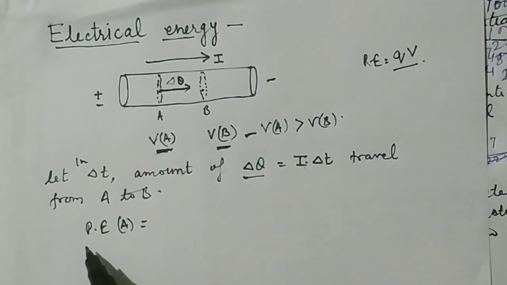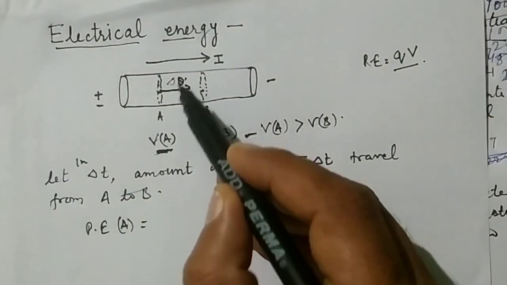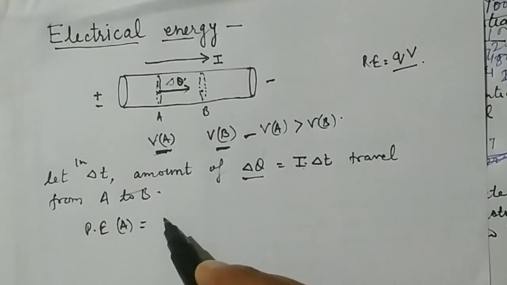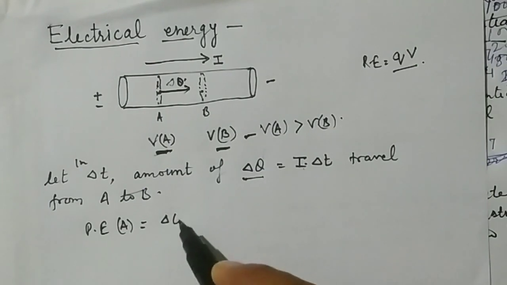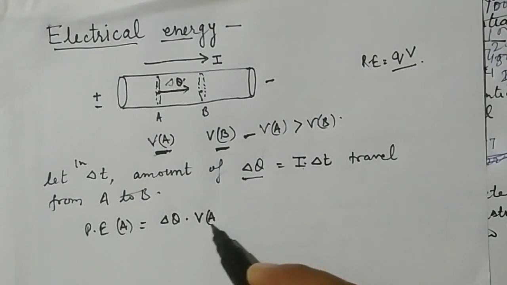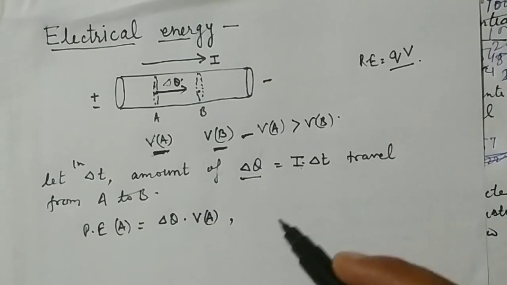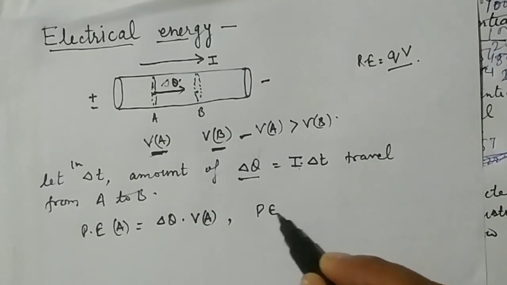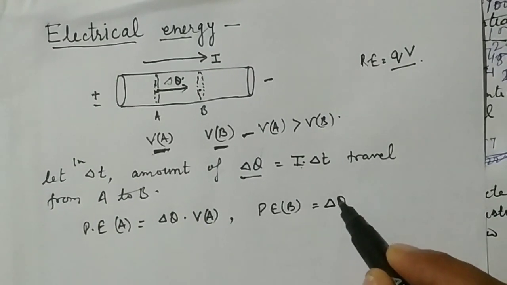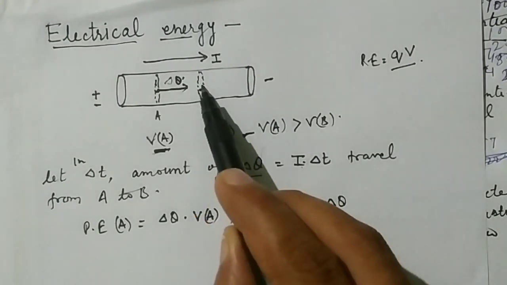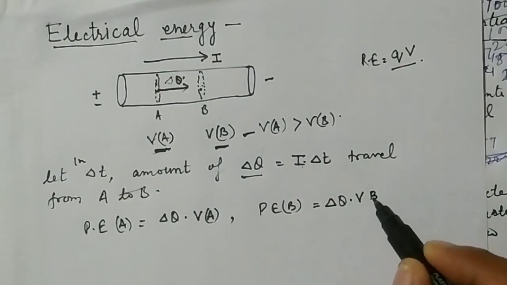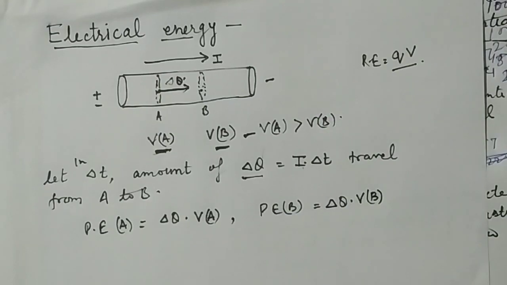So the potential energy of this charge when it is at point A is the charge, delta q, into the potential at that point, VA. Similarly, the same delta q amount of charge when it reaches point B has potential VB.